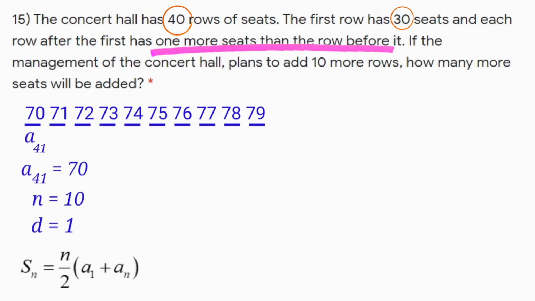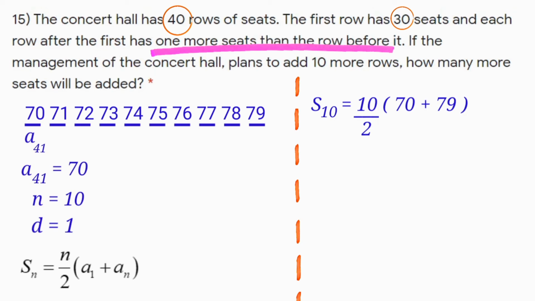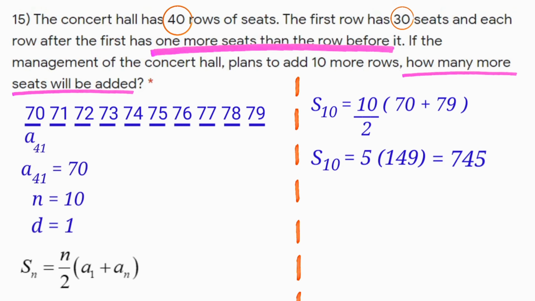Our first term will be 70 and our last term will be 79. Let's substitute the given. S sub 10 will be equal to 10 divided by 2 times the quantity 70 plus 79. So S sub 10 is equal to 5 times 149. So the correct answer is 745.